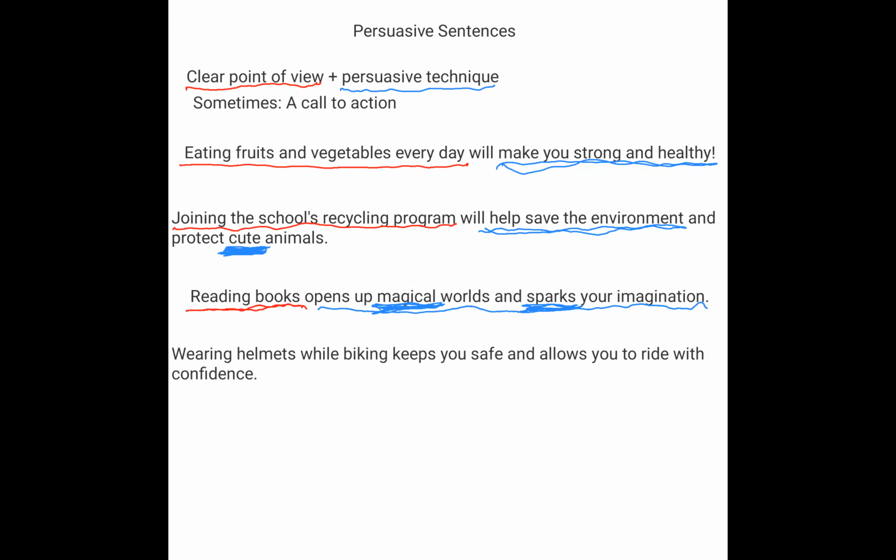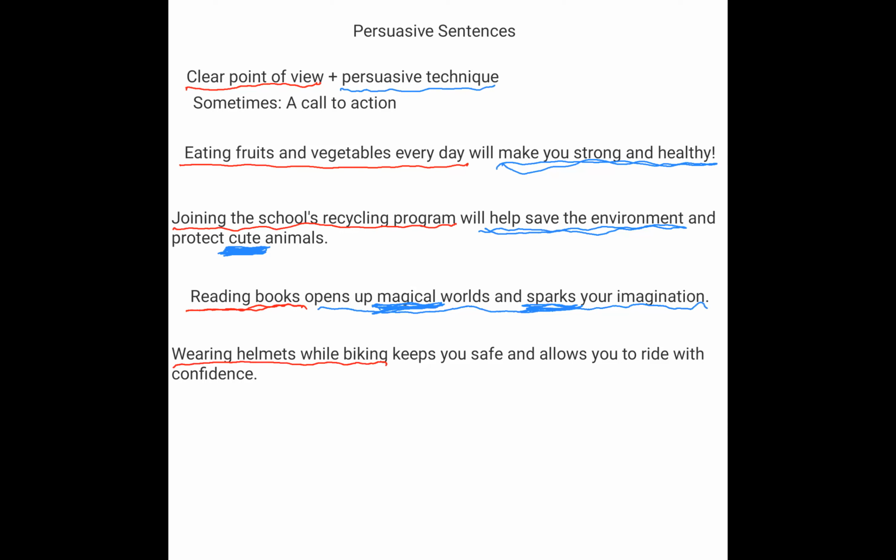Mary, can you tell me the clear point of view of the sentence, please? Is a wearing helmet while biking. Very good. So the person that wrote this sentence wants everybody to wear their helmets while they're riding their bike. And what is the technique that they've used, or how are they trying to convince us to wear our helmets?